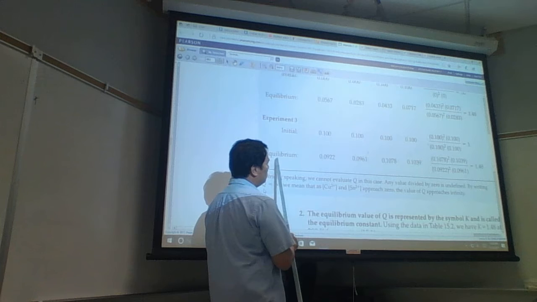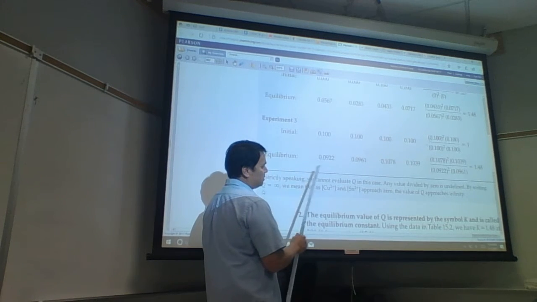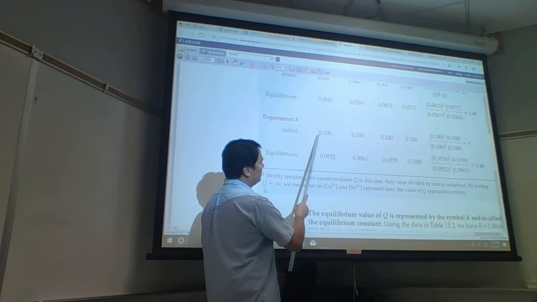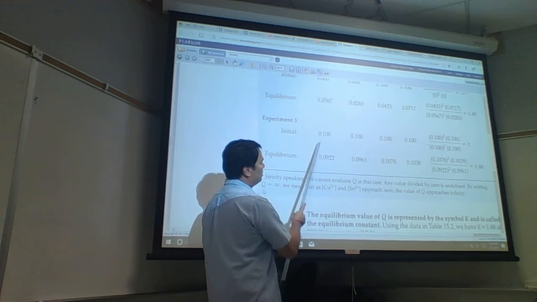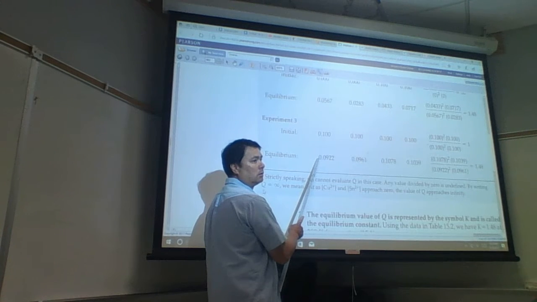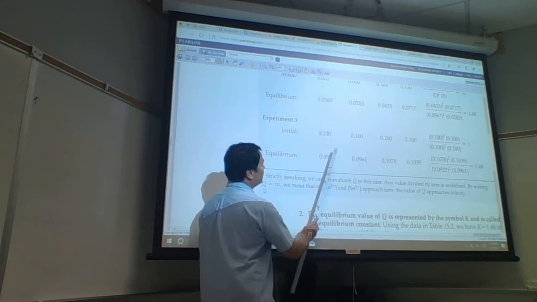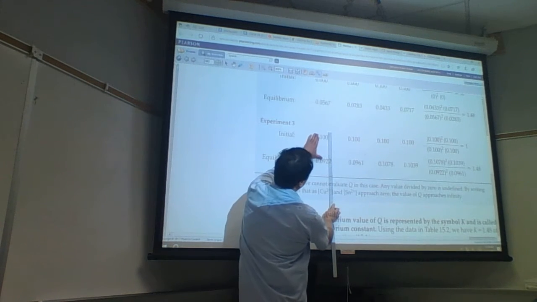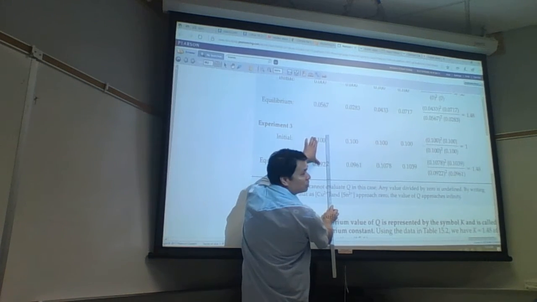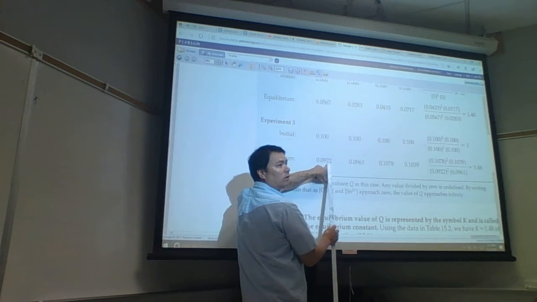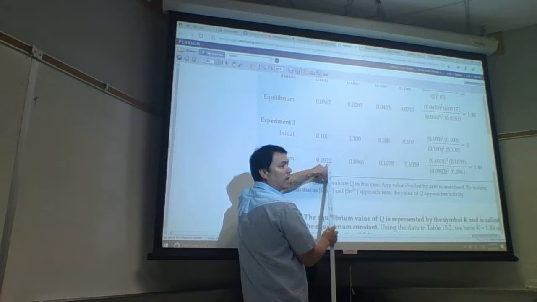But when we come to the end, when things stop reacting, we look at the limiting reagent, and what percentage of the limiting reagent did we lose? Well, actually, if we made this 100, this would be 92. And so that means we have 92% of our reactant remaining unreacted.